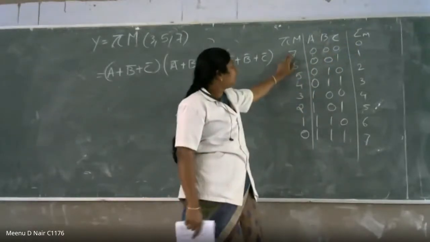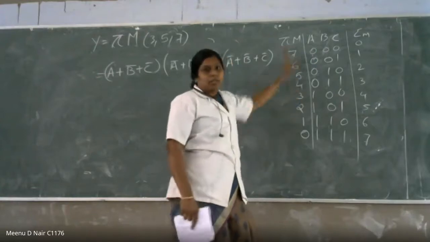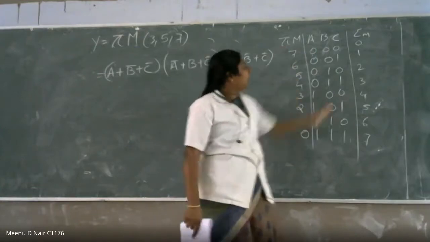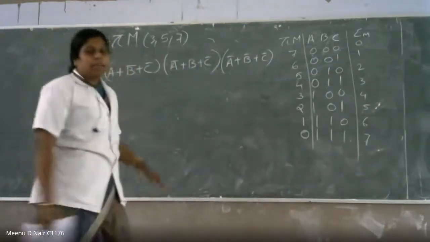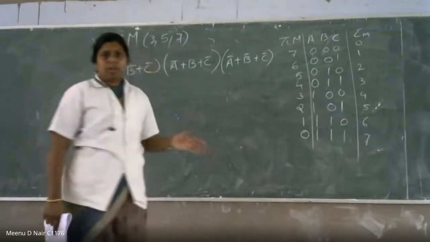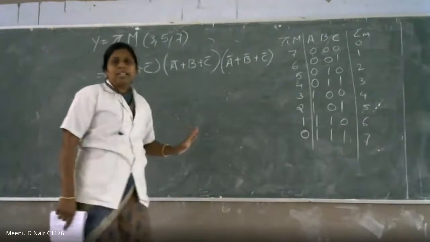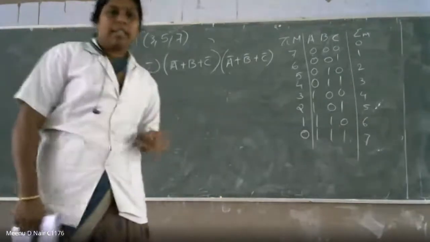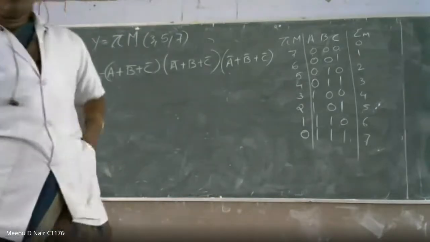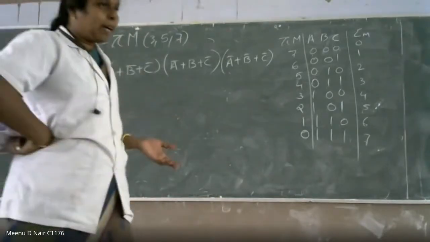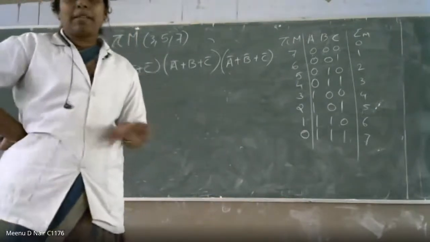In sigma m you take the product, but in pi you take the sum, A plus B plus C. So pi is product of sum, and sigma is sum of product, that is AB plus BC plus AC.